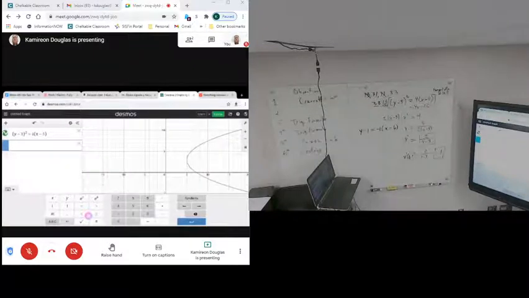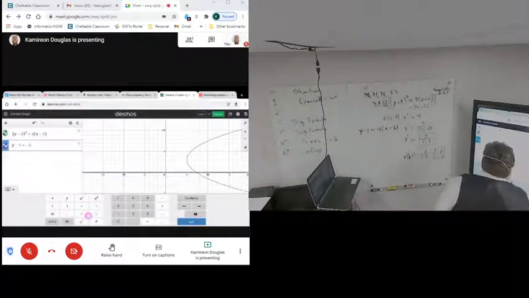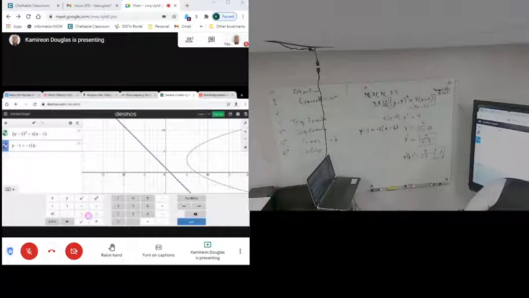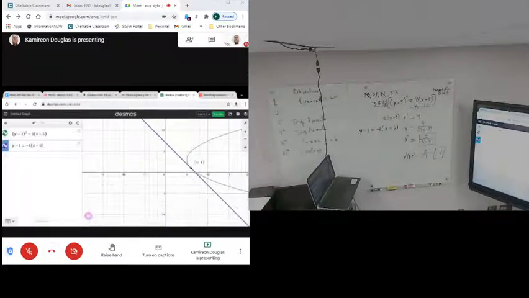Okay, looks pretty good. And now I type in my tangent line. Let's see if they actually are tangent. y minus 1 equals negative 1 times (x minus 6). What do you think? You must have done a good job. So I think that's the tangent line. Just in case, zoom in.